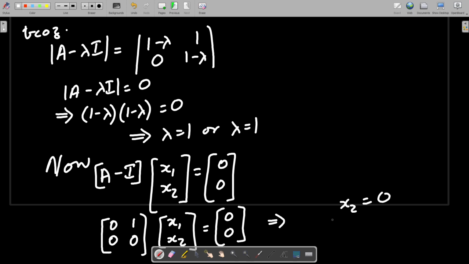Okay, x2 is 0 and x1 can be anything. There is no restriction on x1, so x1 can take any value.